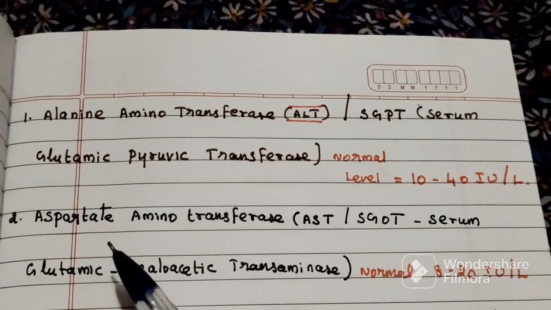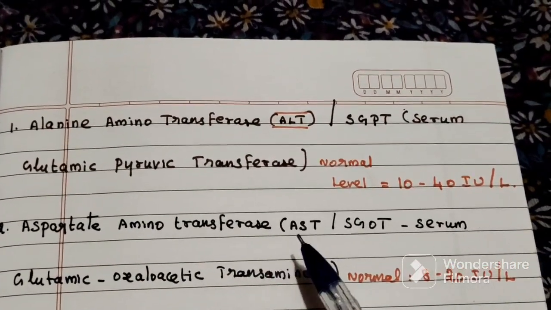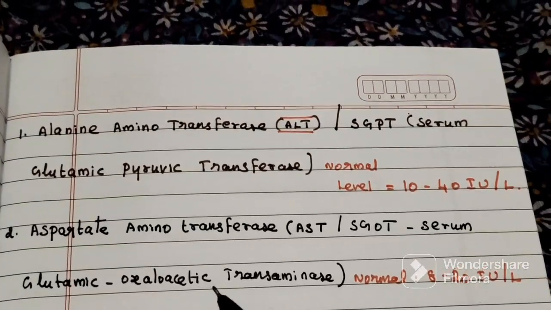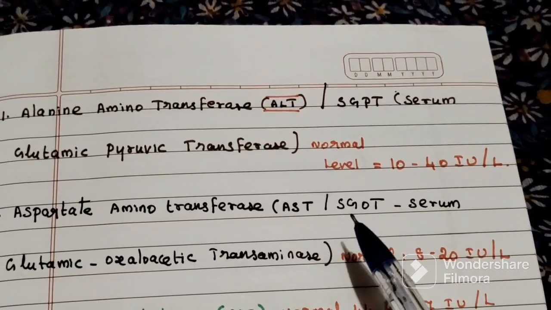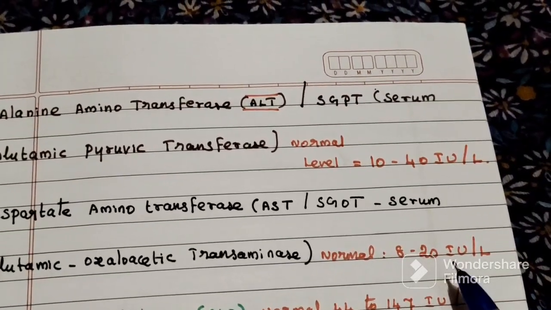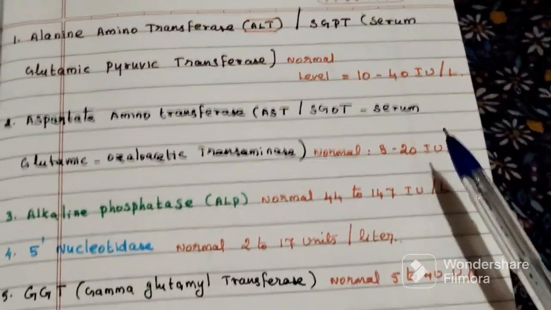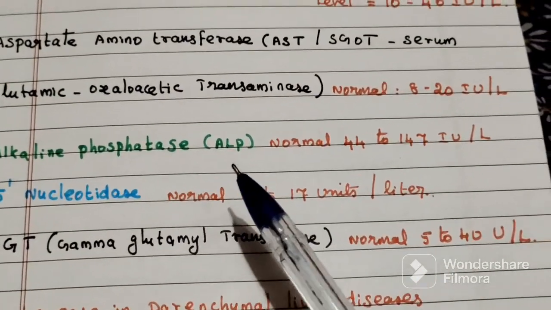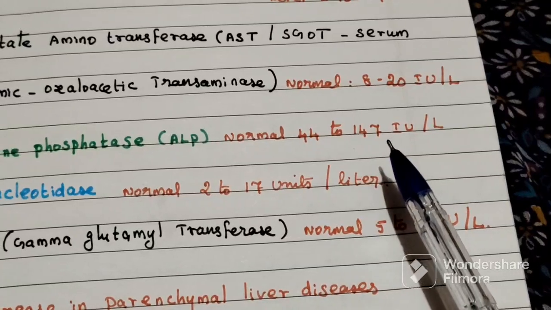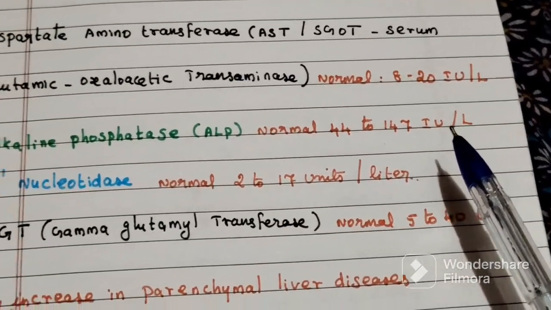Then aspartate aminotransferase, AST, also called serum glutamic oxaloacetic transaminase, SGOT, normal level 8 to 20 international units per liter. Then alkaline phosphatase, ALP, normal range 44 to 147 international units per liter.